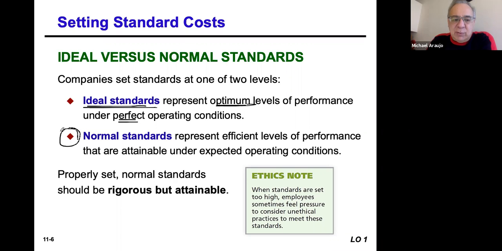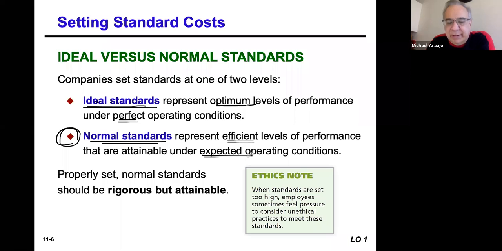Management always uses normal standards, because normal standards say if we have an efficient level of performance, then we should be able to get things done under the normal, expected way things operate. So basically, normal standards tend to be the standard, which is, as the word says, normal. Ideal standards are just not ideal enough.